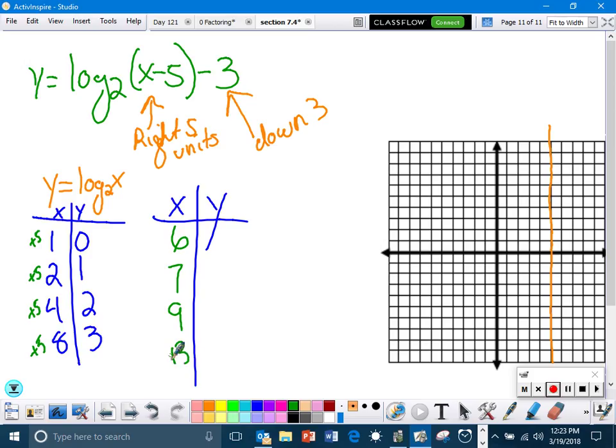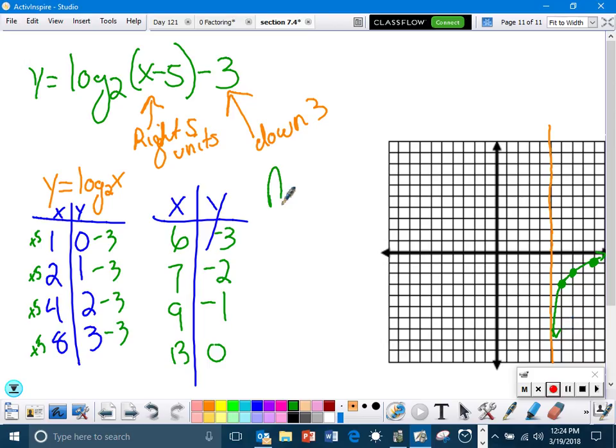And I'm going to subtract 3 from each of the y values. So -3, -2, -1, and 0. All right, I'm going to graph what I know. So (6, -3), (7, -2), (9, -1). So it goes like this, and then it's curving right here and not going beyond that boundary line.